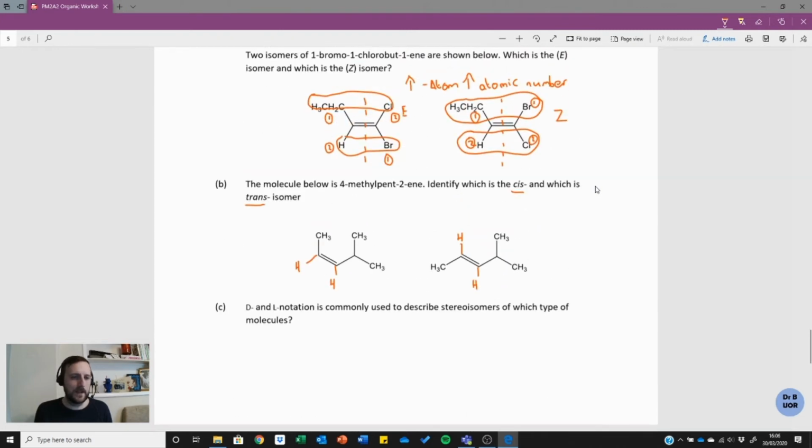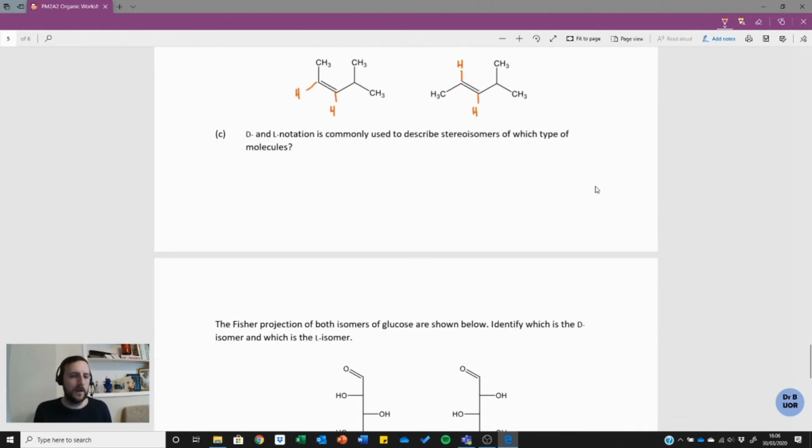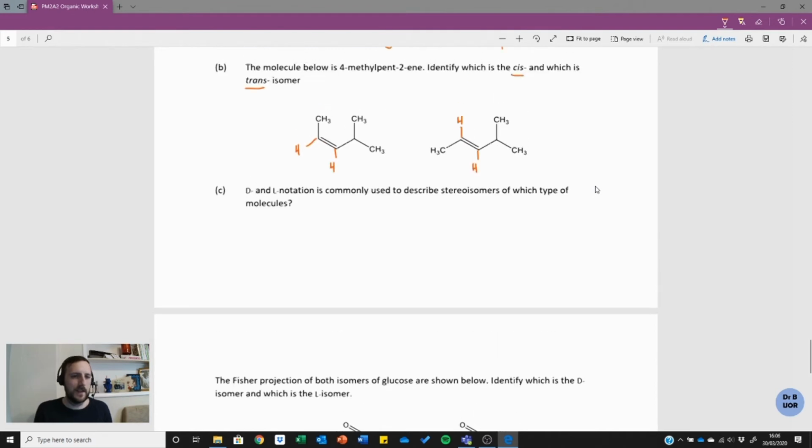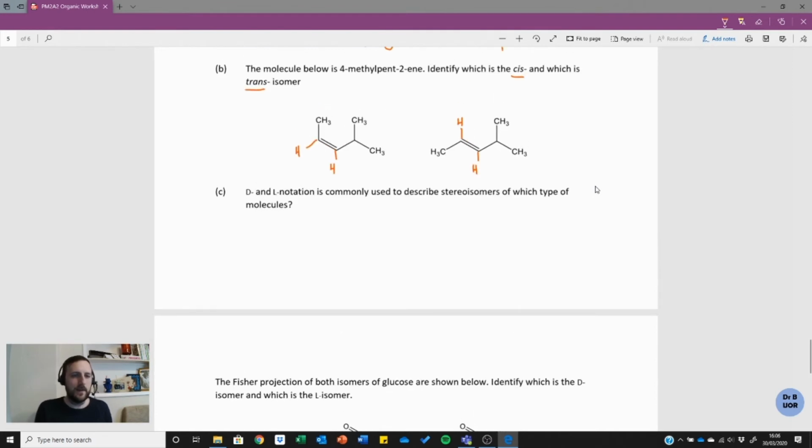So if we compare that back to what we had here, all four of the functional groups are different. When we have ones that are the same, we can use a slightly simpler way of denoting isomerism. What we're doing here is comparing whether these two functional groups are on the same side of the double bond, or whether they're different.